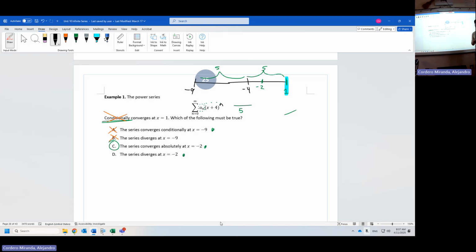I guess the a_n could just be accurate, I guess. Is a_n just any equation? Yeah, that's just any sort of sequence with n's.